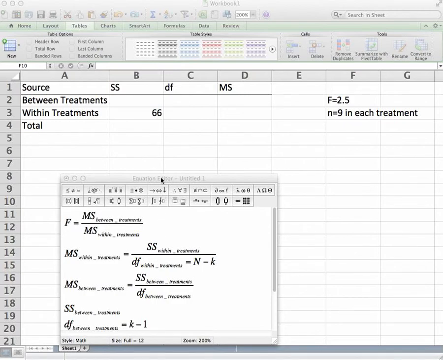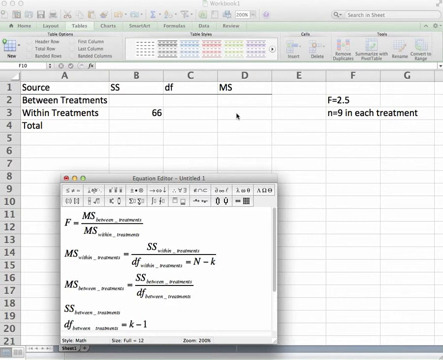So if you look at the equation for F, it's the ratio of this mean square to this mean square here, between treatments over within treatments. That's what equals this F. So if we can find one of these, then we should be able to find the other one given what F is.